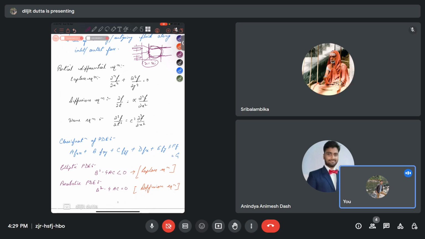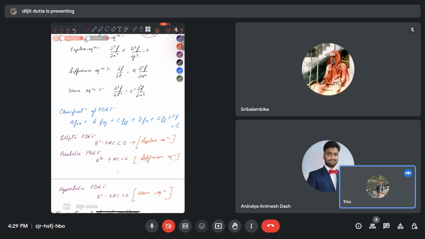There is no time derivative in the Laplace equation, so there is no propagation in time. Second is the diffusion equation: del f by del t is equal to alpha del square f by del x square. There is a propagation term in time and it is a first derivative in time. And thirdly, there is the wave equation: del square f by del t square is equal to c square into del square f by del x square. So it is a second derivative in time and second derivative in space.